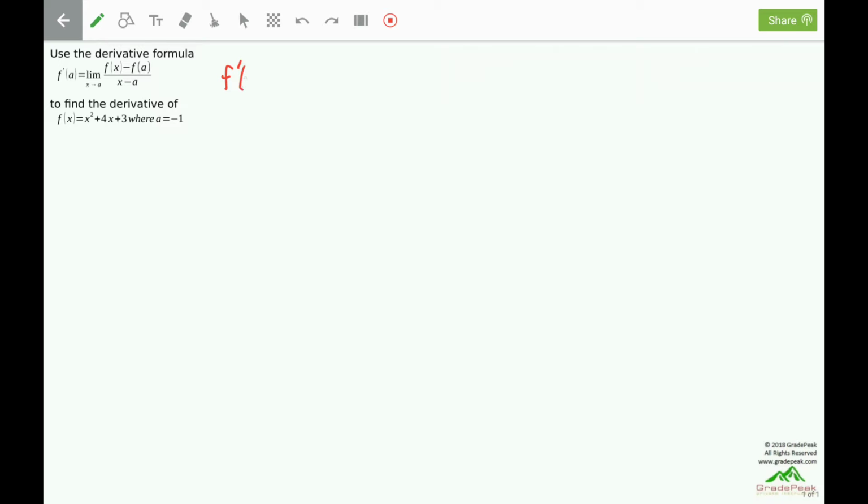That will give us f prime of negative 1 equals the limit as x goes to negative 1 of f of x minus f of negative 1 divided by x minus negative 1.